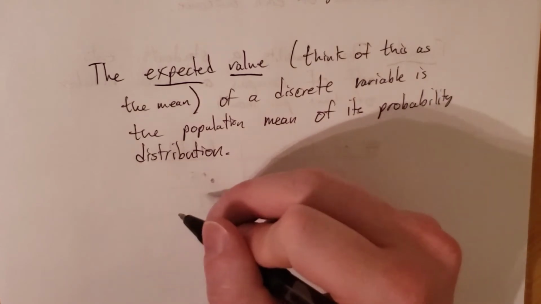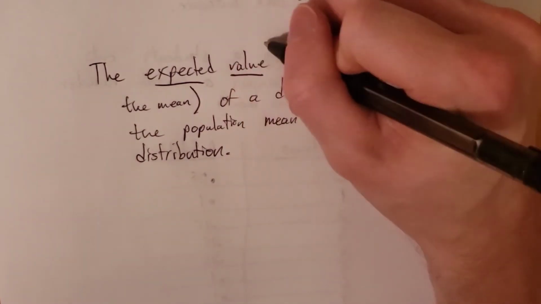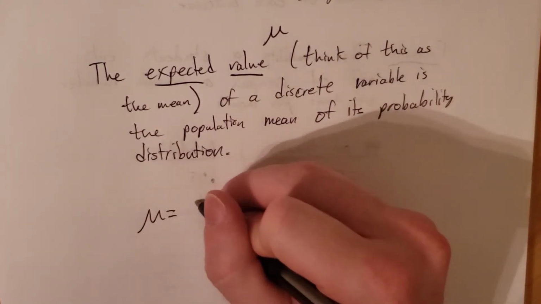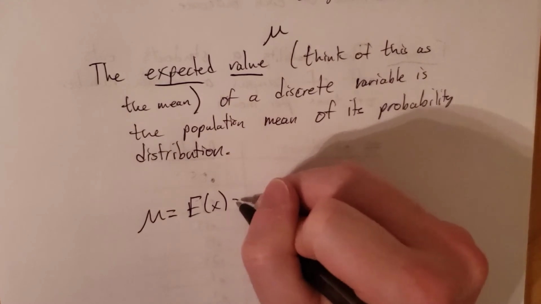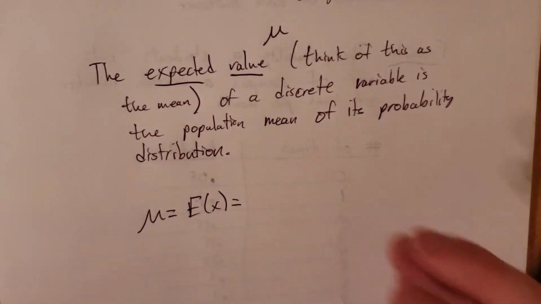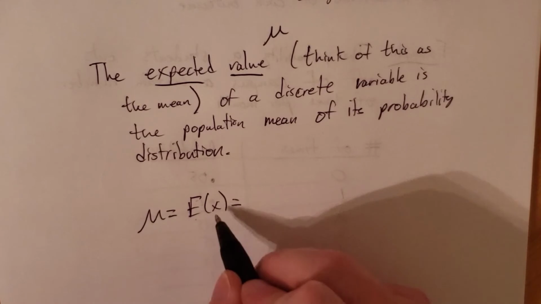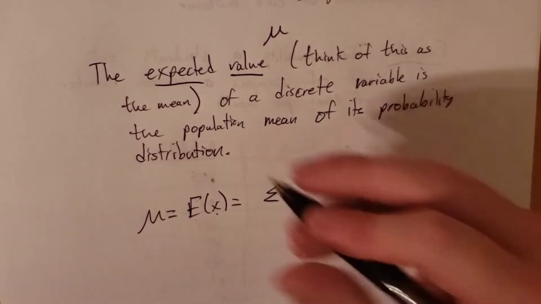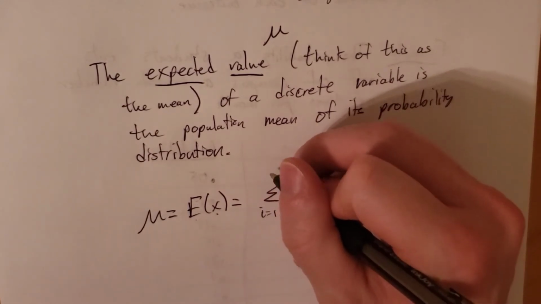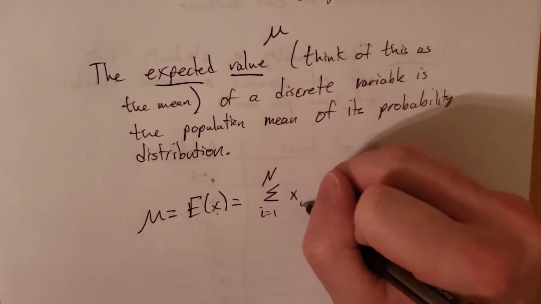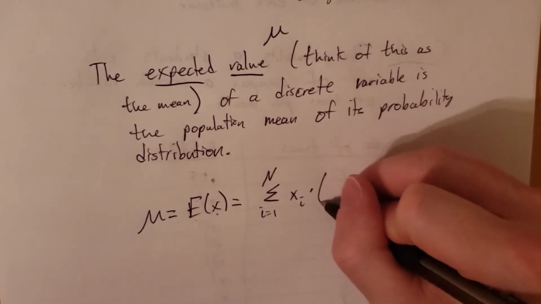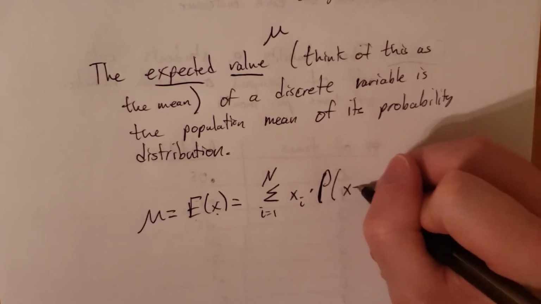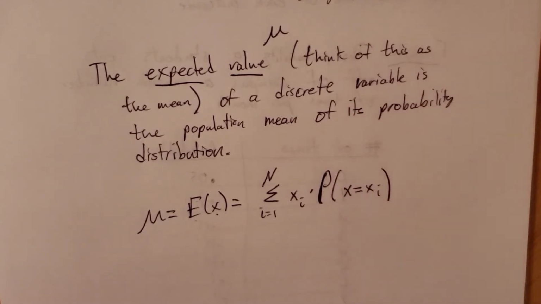This is mu, the expected value mu. So mu is equal to also E of X. We might use that notation for this as well, for the expected value of the discrete random variable X. And this is the sum from i equals 1 to capital N of x sub i times, and then we have this notation, P of X equal to x sub i.